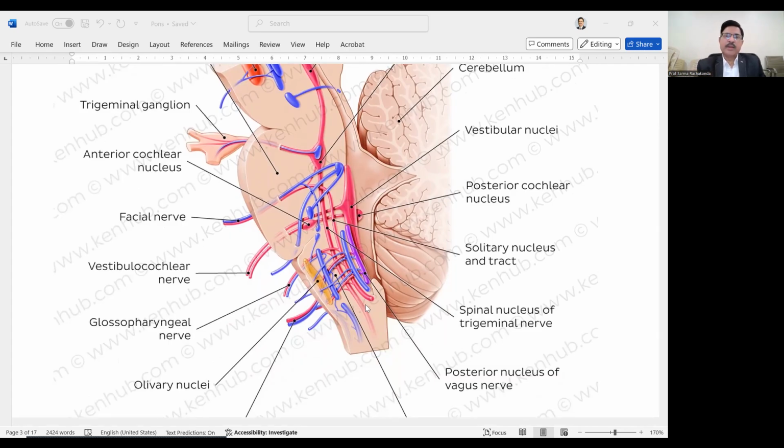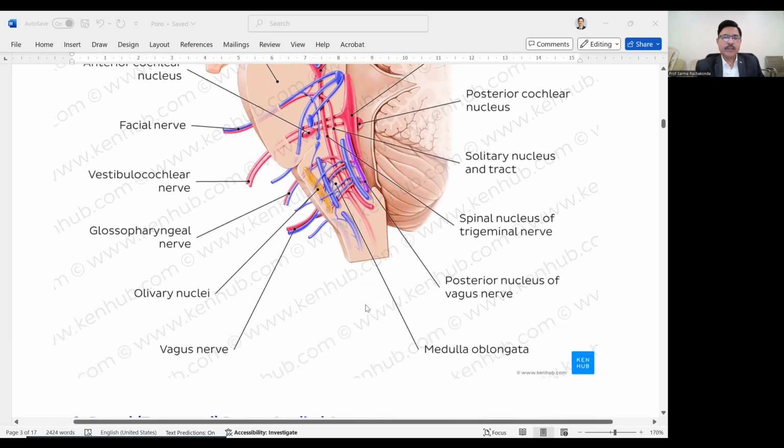That is why lesions of the midbrain can affect the fifth nerve, lesions of the pons, lesions of the medulla, lesions of the upper spinal cord, the fifth nerve can be affected, because it's a very extensive nucleus from midbrain, pons, medulla up to the spinal part of the trigeminal.